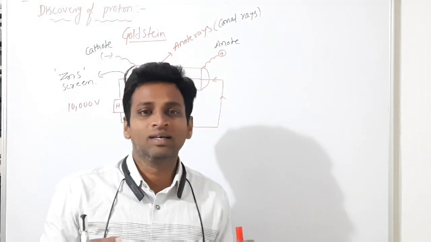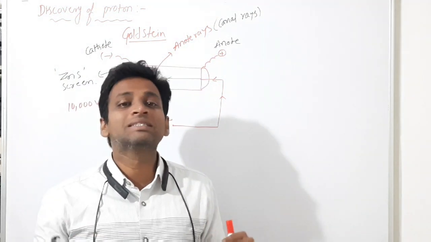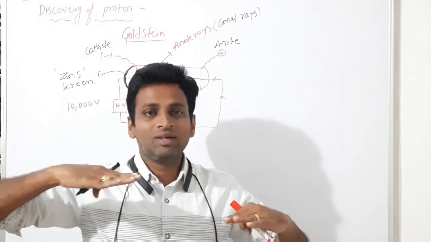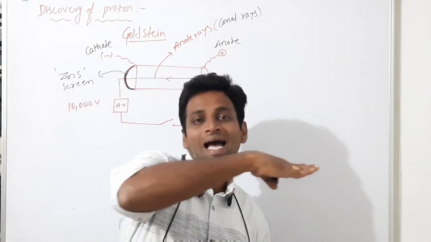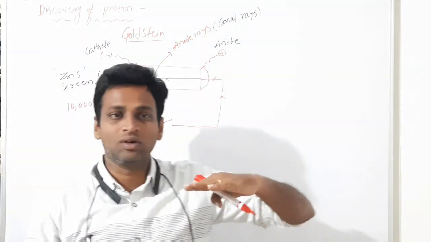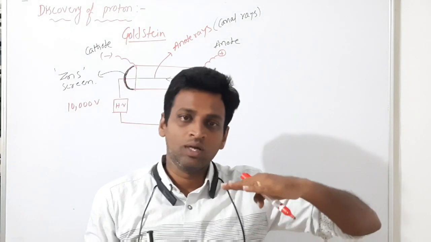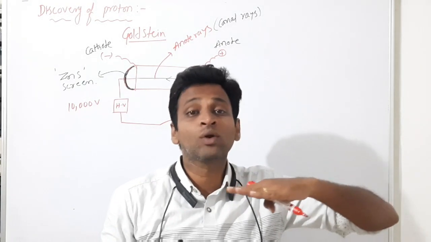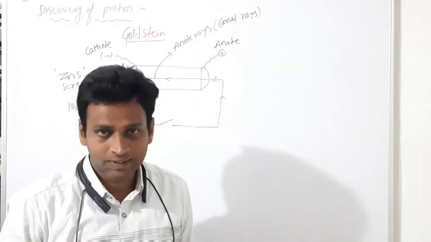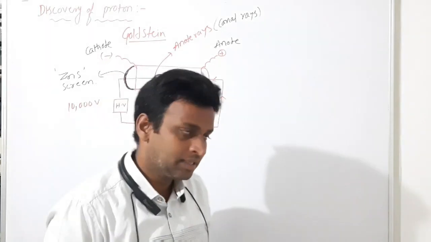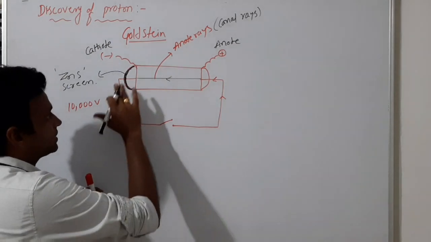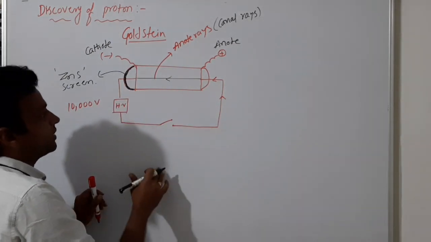Goldstein copied the experiment done by J.J. Thomson. J.J. Thomson observed rays traveling from cathode to anode, but Goldstein observed rays traveling opposite to the cathode rays, from anode to cathode. This experiment was given by Goldstein.